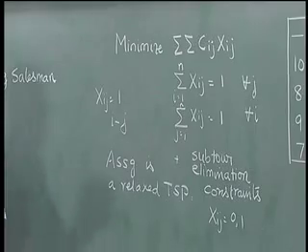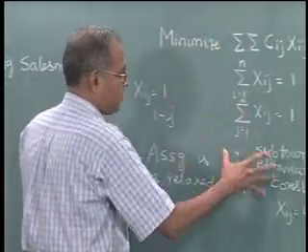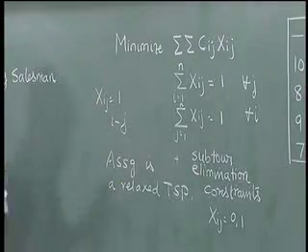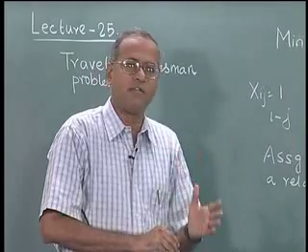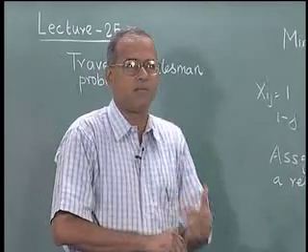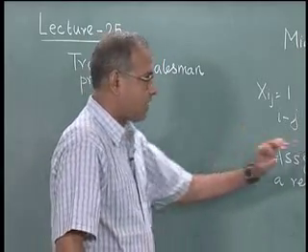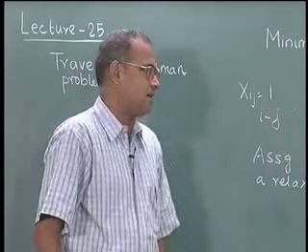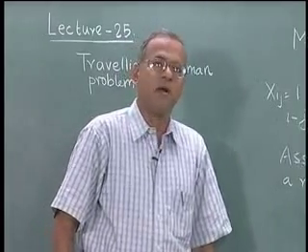We also use another principle that since it is a minimization problem and we are solving a relaxed problem, the optimum solution to the relaxed problem is always a lower bound to the given problem, or to the given restricted problem. So, in more than one way we use these ideas to develop a branch and bound algorithm to solve the TSP optimally.